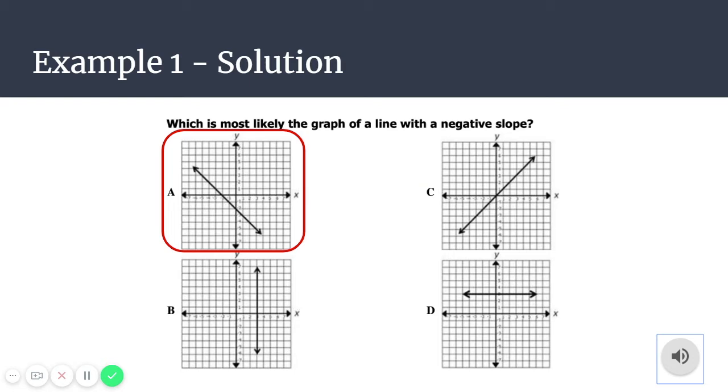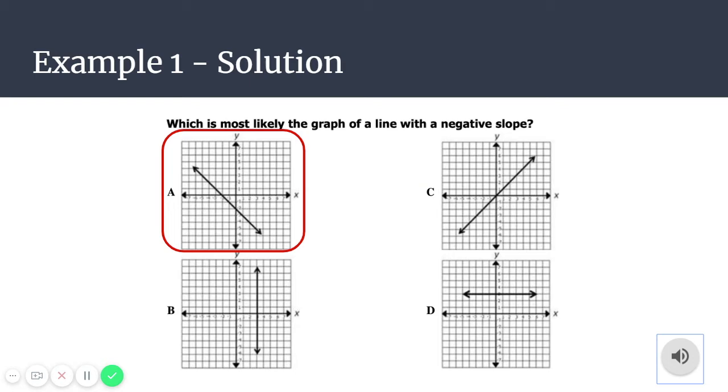So as your X value is increasing, or as you're moving farther to the right of the graph, your Y value is decreasing. So you'd be moving farther down your graph. So the answer for example 1 would be A.